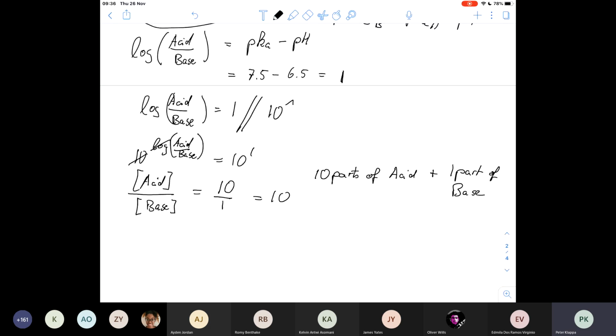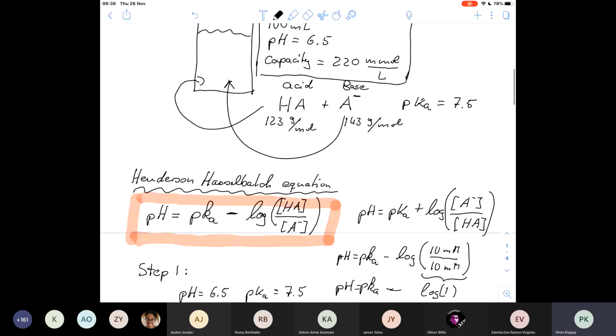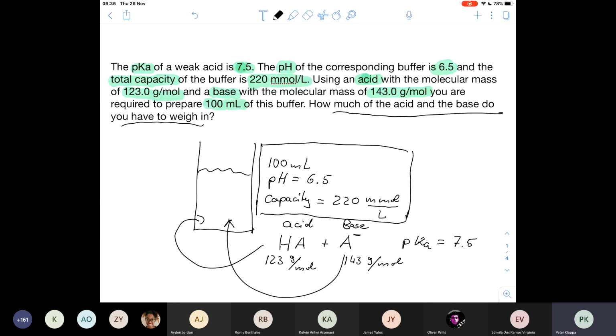So now we have one equation with two unknowns in it, which we can't solve. But we have more information, because up here we said that our total capacity of the buffer should be 220 millimole per liter. And we want 100 milliliter of the buffer.